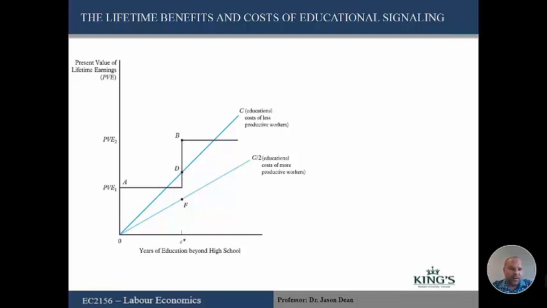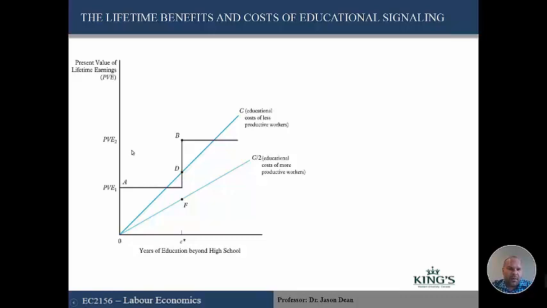So if low ability workers try to masquerade as high ability and get E-star years of schooling, they're going to get a return of B, but their cost is D. So they're going to get a benefit of this distance between B and D. But similar to before, if they get 0 years of schooling, their costs are 0, and they can get a present value of earnings of A. And so this distance here is greater than the distance between B and D. So there's no incentive for less productive workers to masquerade as high ability.